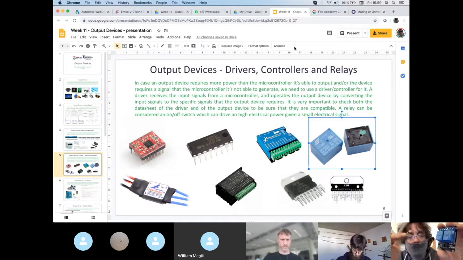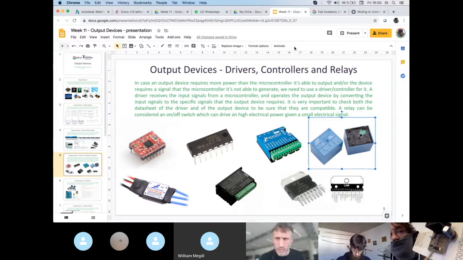Just a small thing to mention about opto-isolators: they are like having an LED inside. Here there are more opto-isolators. With a microcontroller, you can power an LED that is inside. This LED will emit light. This light will be received by a receiver inside the chip, and this receiver will open and close a circuit and give the signal.